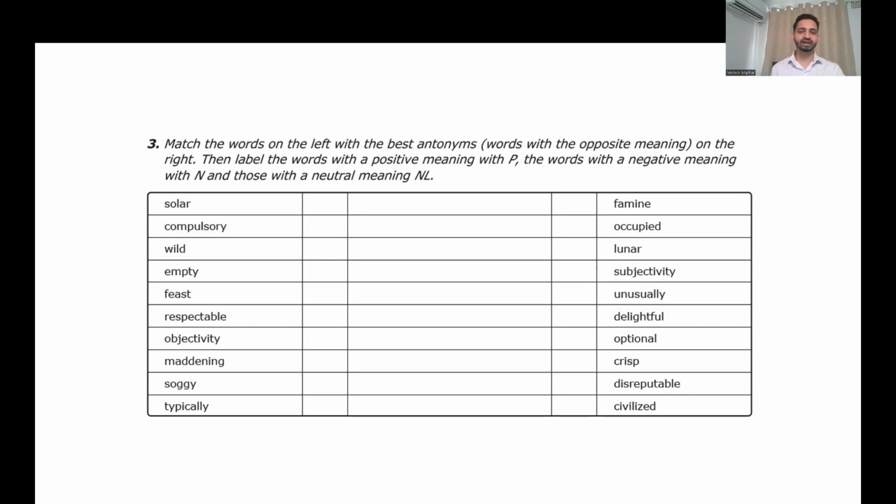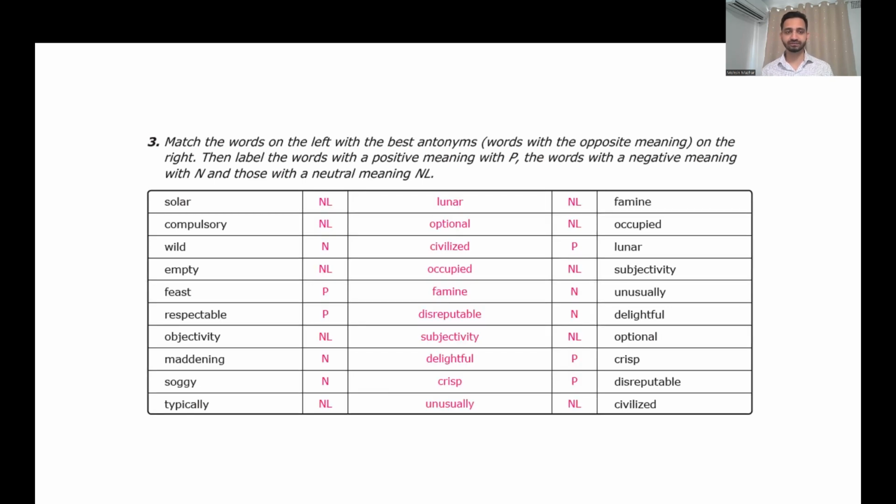All right, I hope you had a chance to look at these words and the opposite meanings of these words, antonyms. And you also had a chance to think about if these words have a positive meaning or a negative meaning or a neutral meaning. Now let's look at the answers. So the opposite of solar is lunar.